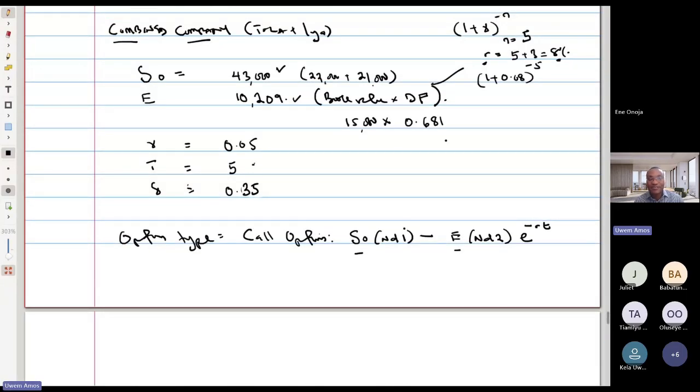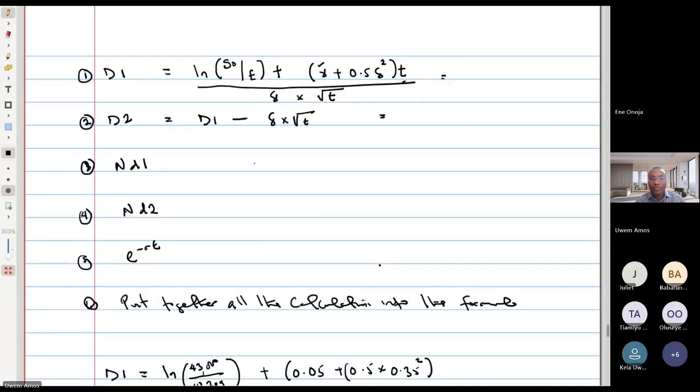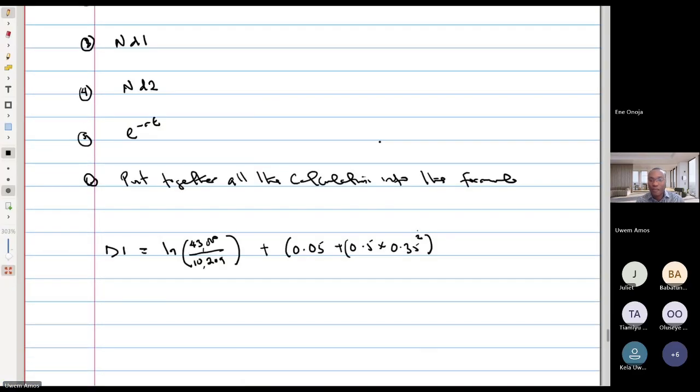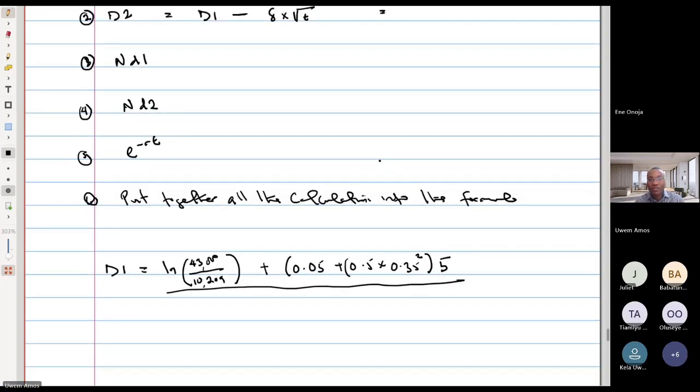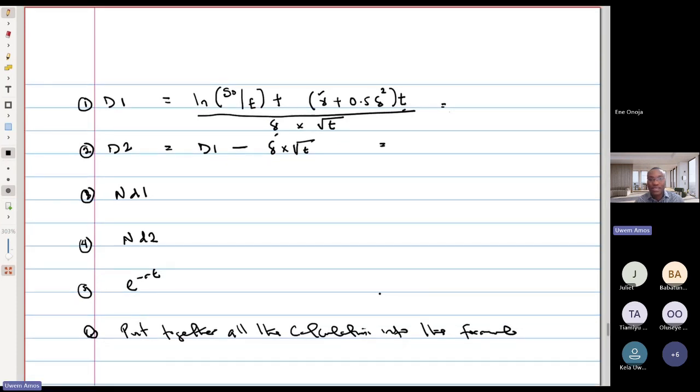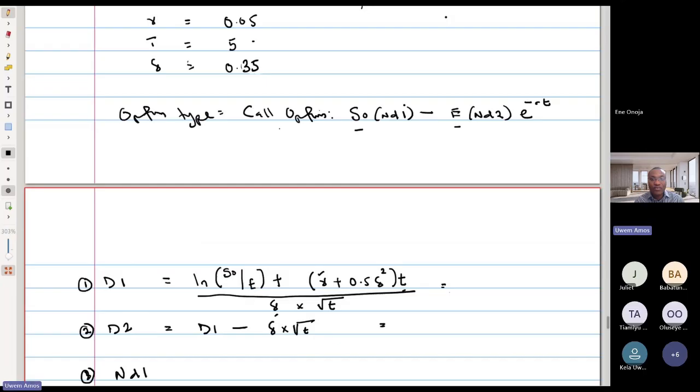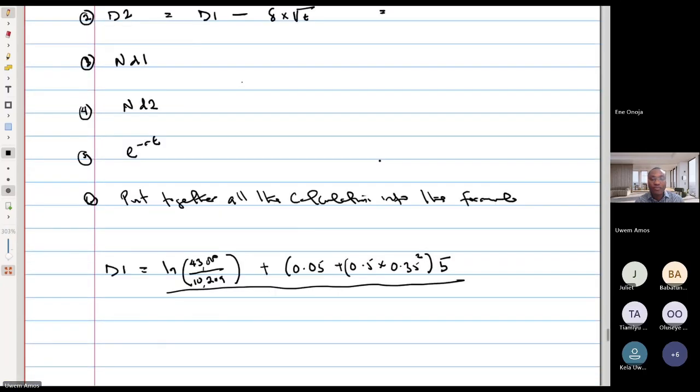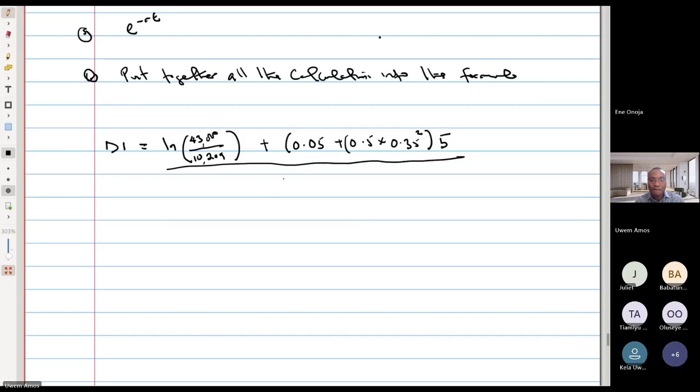Our T is 5. All over our standard deviation, which is 0.35 right here, multiplied by the square root of T, which is 5.